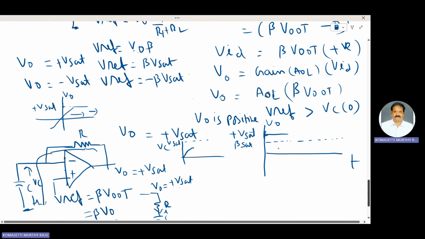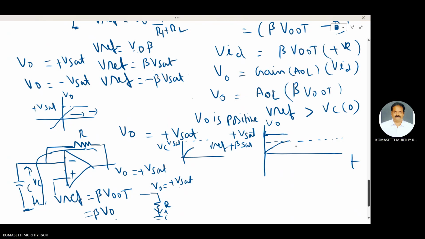Due to this condition, the capacitor charges towards plus V set and reaches this reference voltage at a time t1.